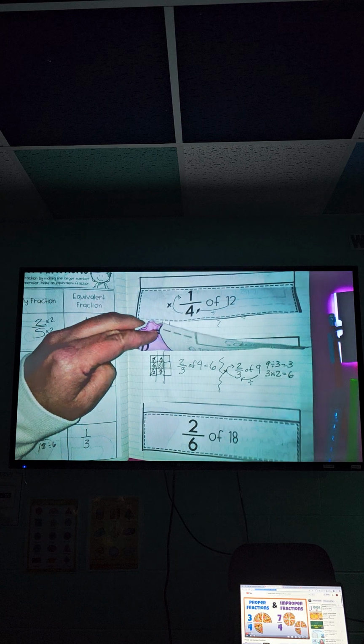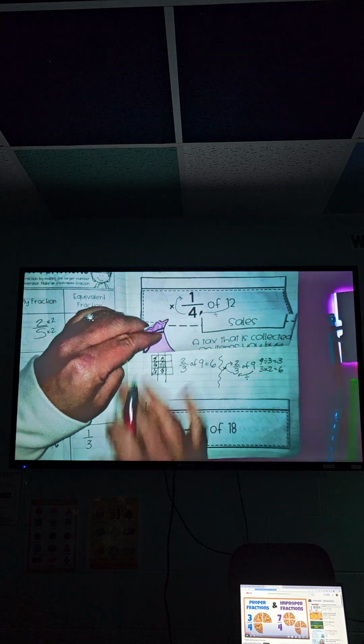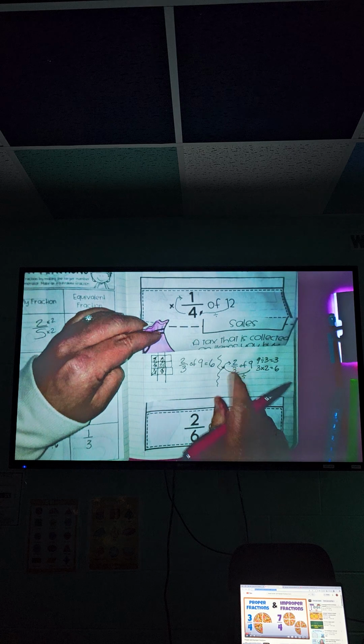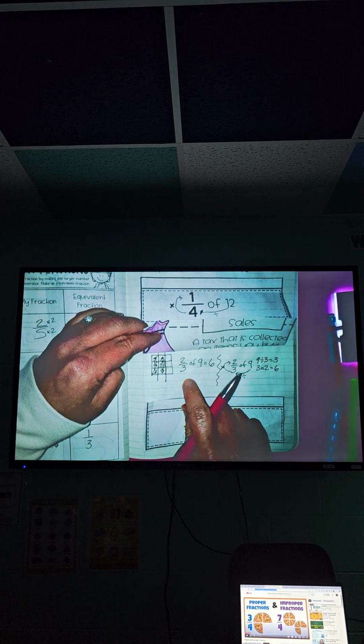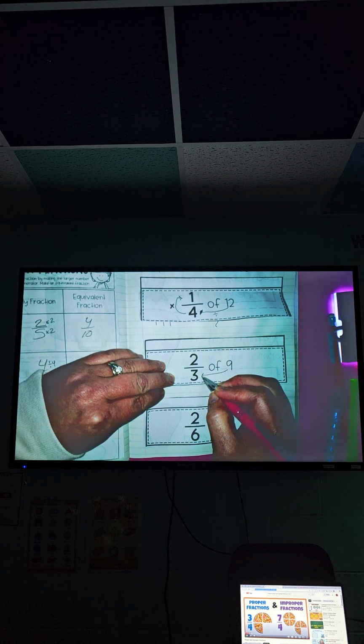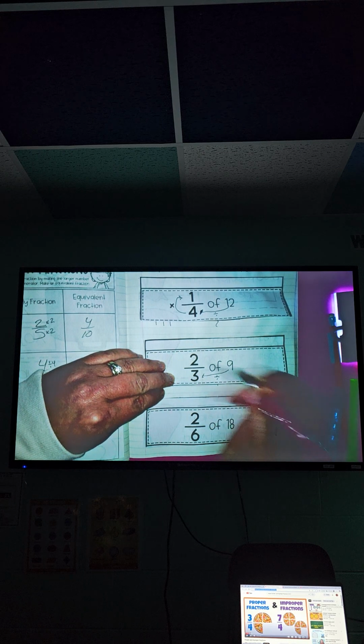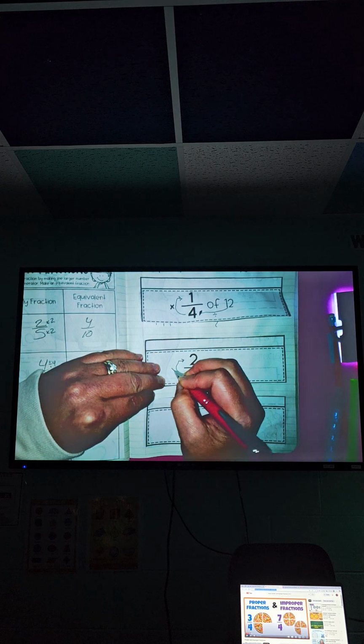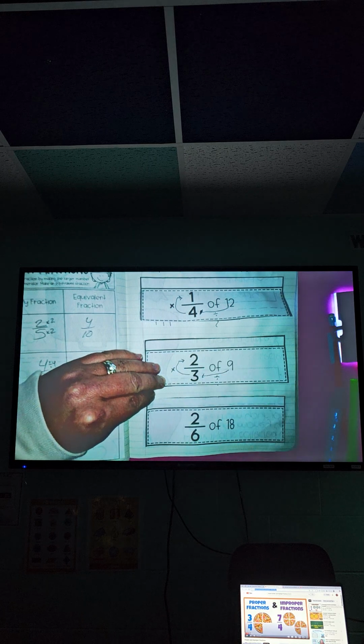So make sure you write that down. Most teachers will teach you this part, but they won't show you visually. Or they have, but you've forgotten. So 9 is divided by 3, and whatever that answer is multiplied by 2.